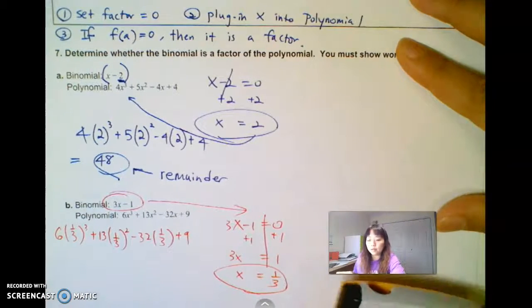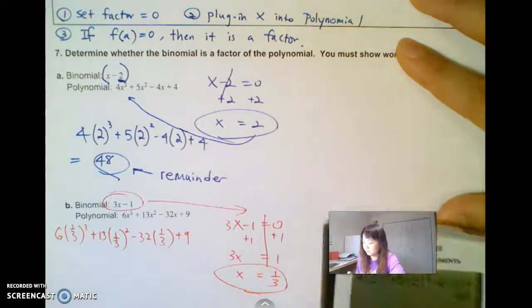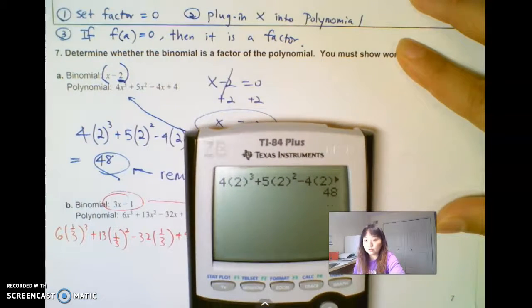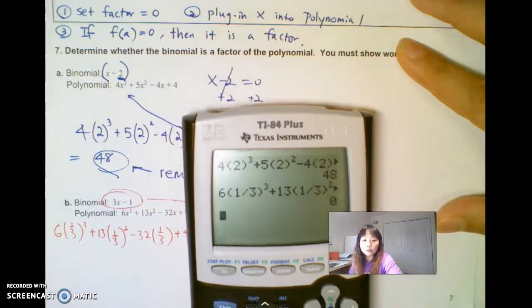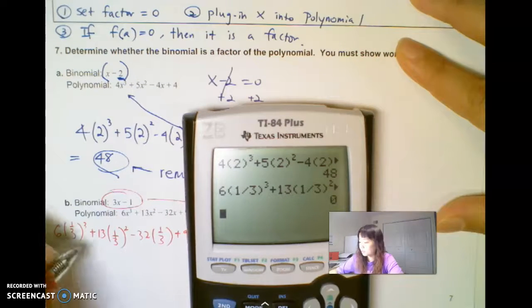And let's see what happens. I hope you can see. Enter! Woo-woo! We got a 0! So that means it is a factor.